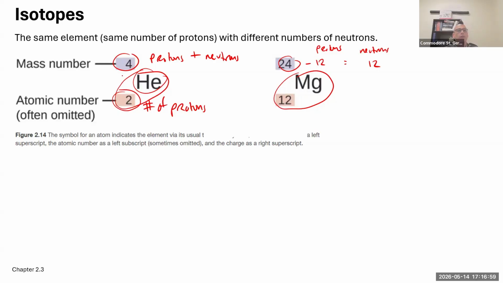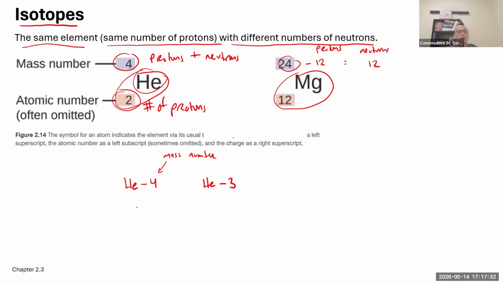But why are we even doing this, right? Well, we're going to study isotopes. Isotopes is the same element, right? Same number of protons with different numbers of neutrons. So for instance, this helium can be written as helium-4. This means it has 2 protons, 2 neutrons. This is going to be the mass number. You could also have something like helium-3.